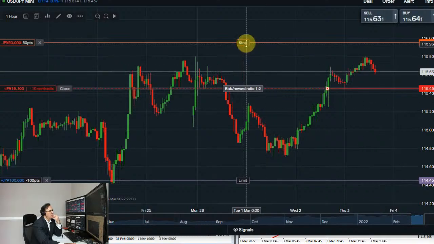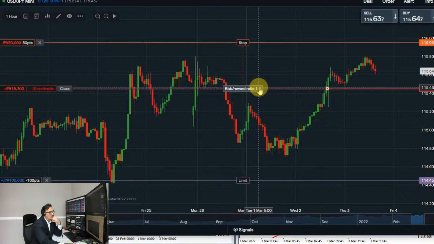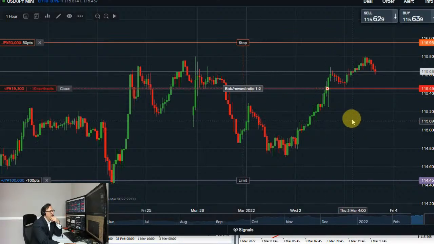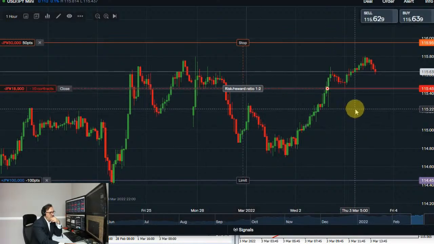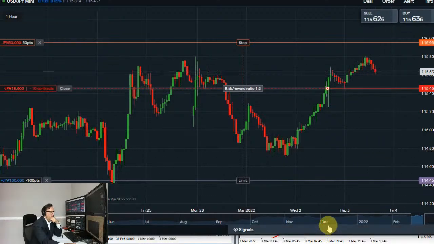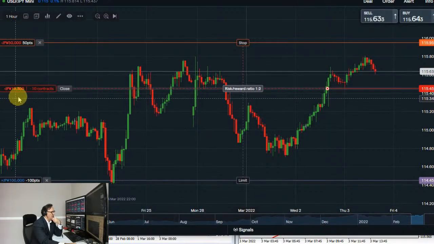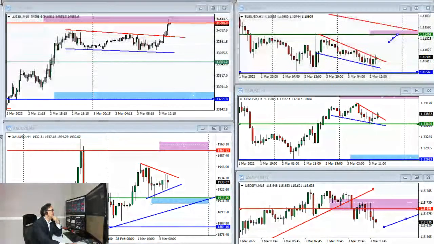I will definitely move the stop loss closer to the entry, at entry if I get a chance. I could be looking to take partial profits, or maybe even add to this position if I get more conviction that this is definitely turning and we could see a pull to the downside. But that's where I am with this trade. So currently this is a losing trade, but I'm still happy to stay in this trade for now.